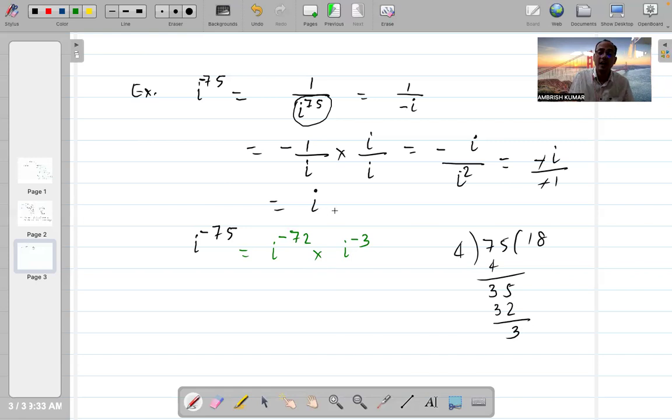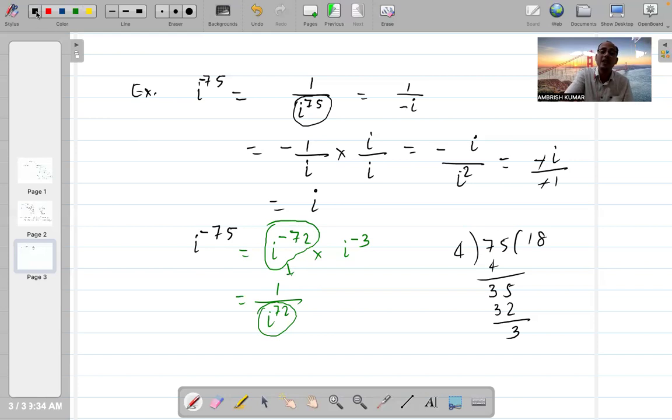Now look, i to the power minus 72. What will be the value of this? If you are willing to write, this will be 1 by i to the power 72, and i power 72 will be 1. So 1 by 1. So we can directly make a rule for negative also. When you have power on i in a multiple of 4, whether the power is negative or positive, the value of that is always 1.